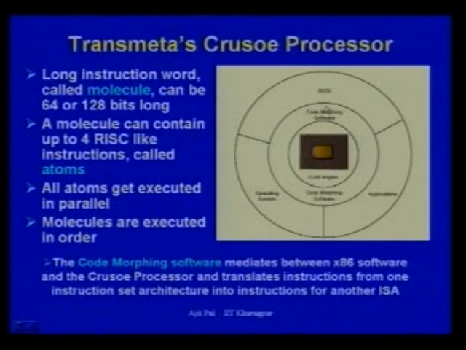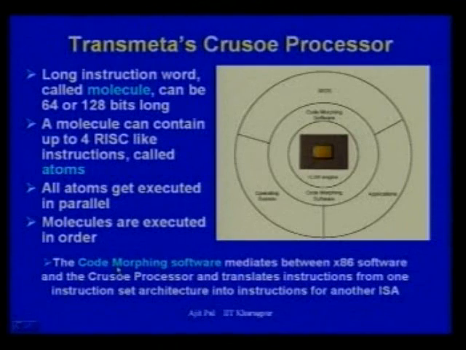There is a software which receives those instructions and converts them into instructions of the VLIW engine. So here we are transforming from one instruction set architecture to another with the help of this code morphing software.